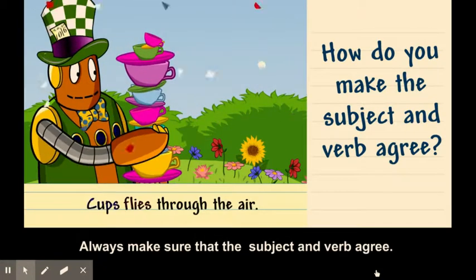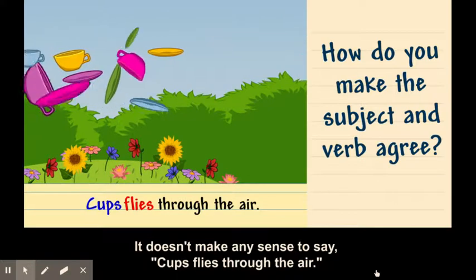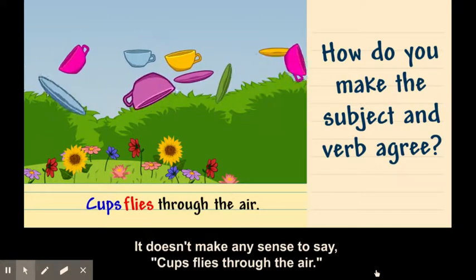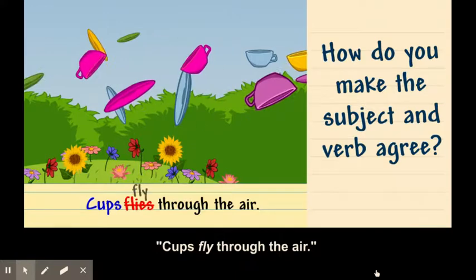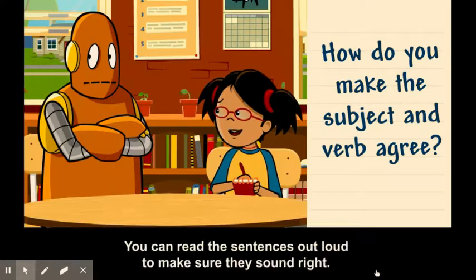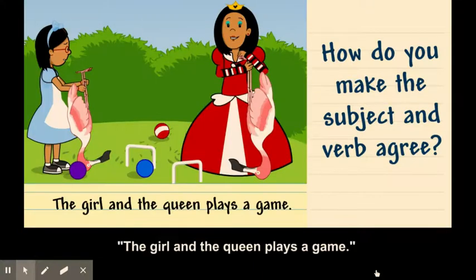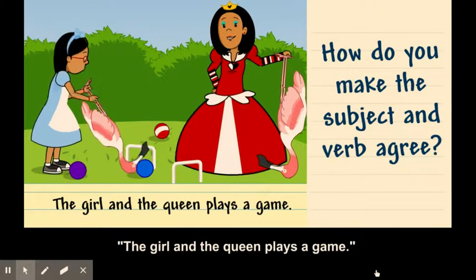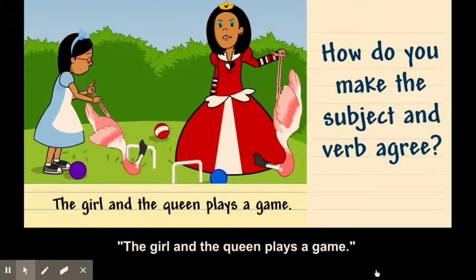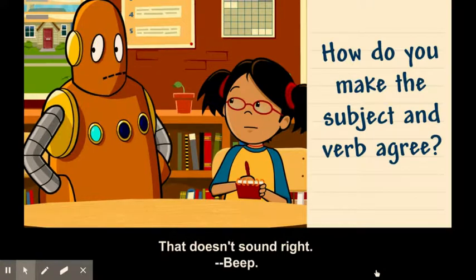Always make sure that the subject and verb agree. Doesn't make any sense to say, cups flies through the air. Cups fly through the air. You can read the sentences out loud to make sure they sound right. The girl and the queen plays a game. That doesn't sound right.